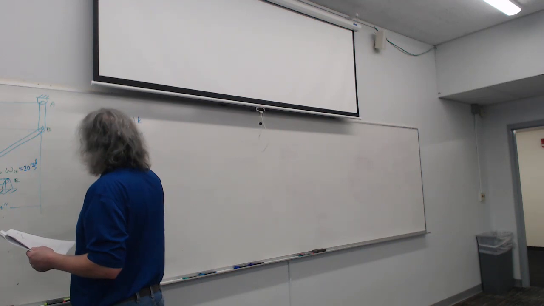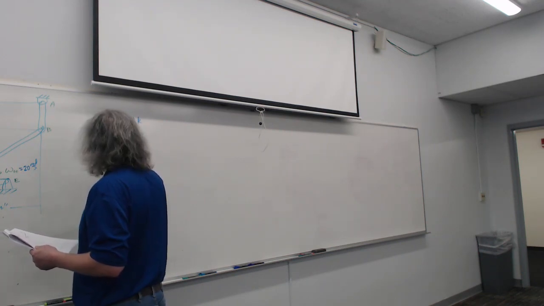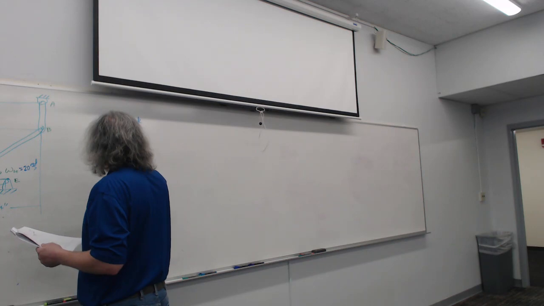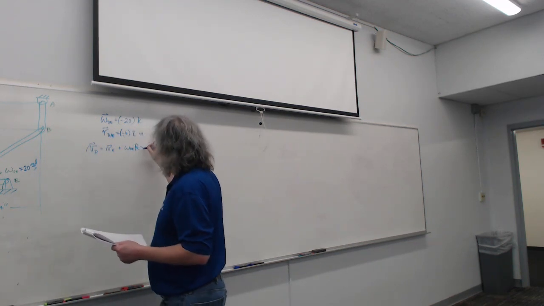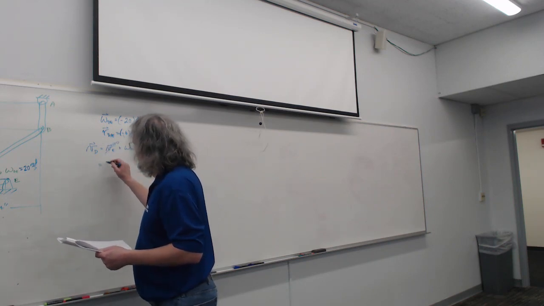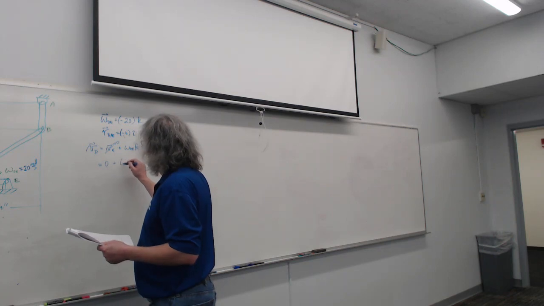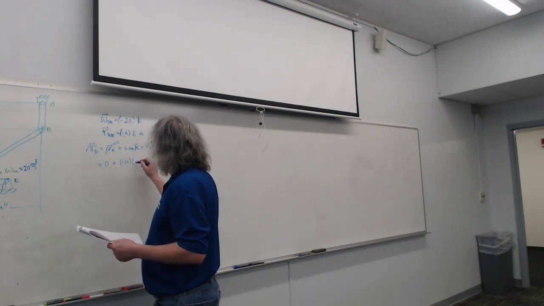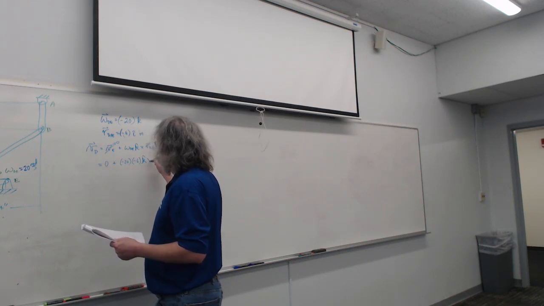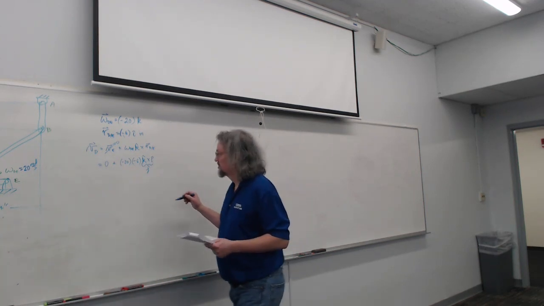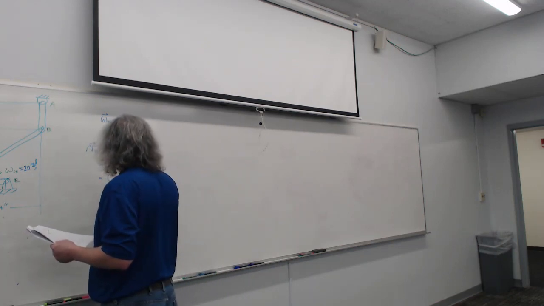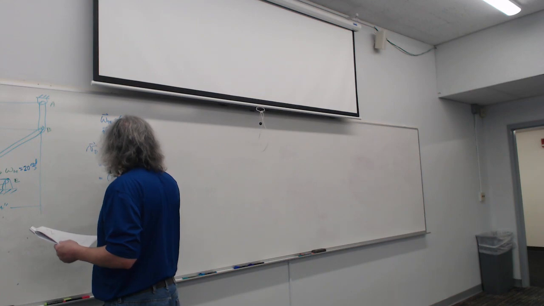So we can find our velocity at D is going to be velocity of E plus omega DE K crossed with R D with respect to E. So 0 plus negative 20 times negative 6 K crossed with I, which is J. So that ends up coming to, I literally can't remember what 6 times 20 is.